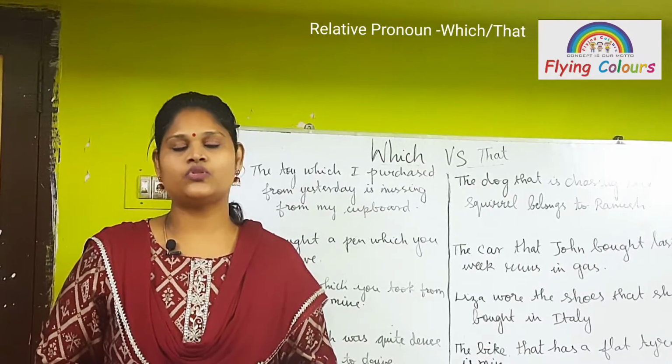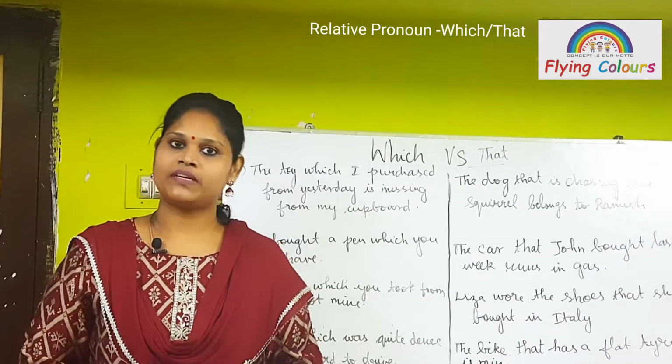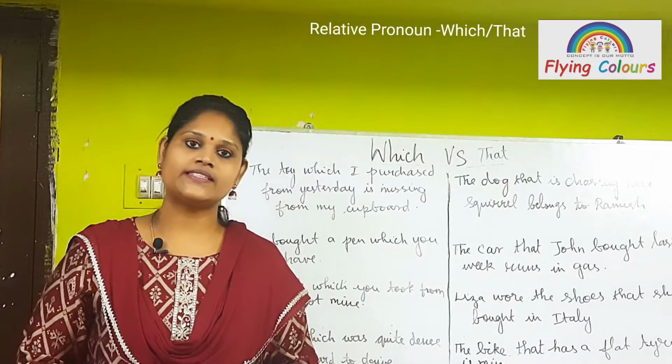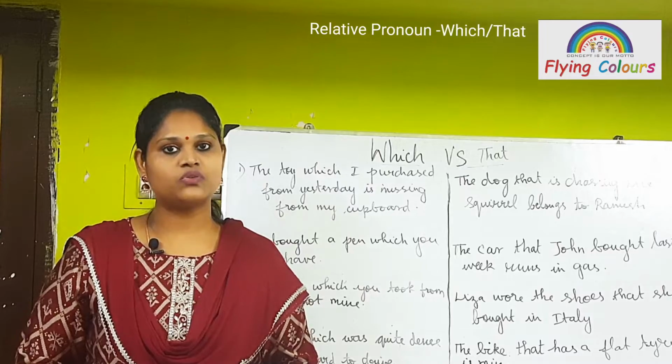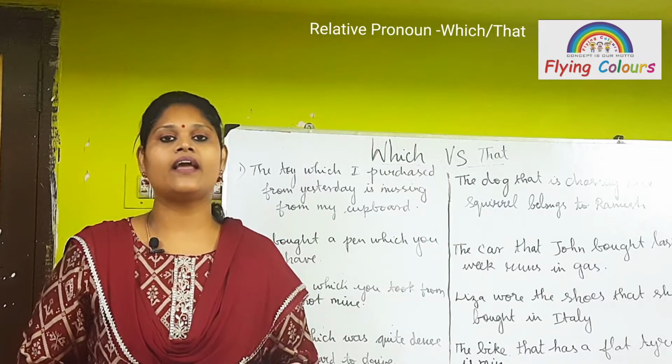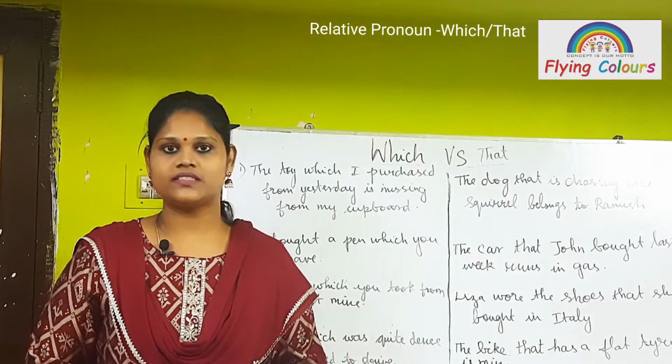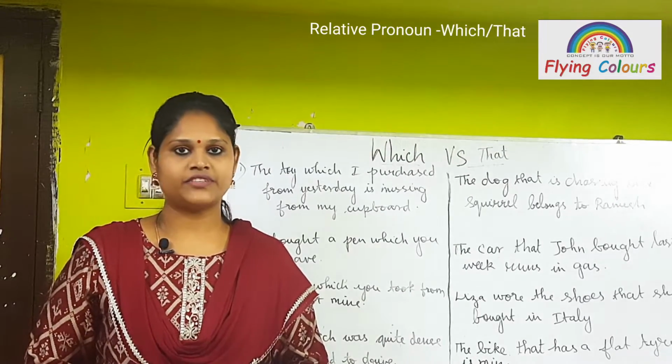That is used to denote persons, places, things as well as animals. Which is used to denote only things, places and animals, not persons. So these are the differences.